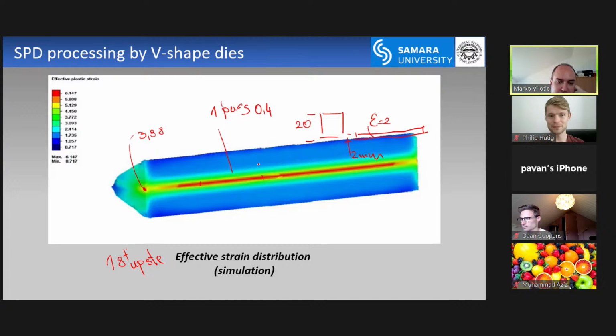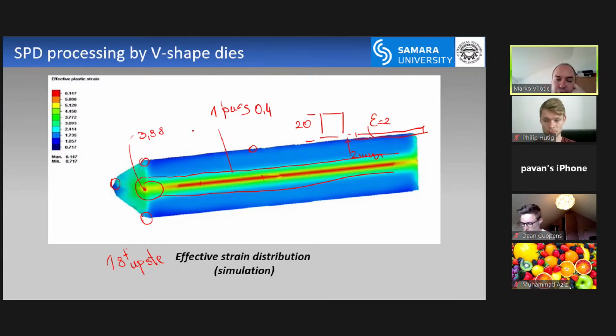If I want to have SPD, usually in this area I don't have the SPD effect. The strain is relatively low. So what can I do? I can take this sample and machine this part with a higher strain, and then make something out of it. So that is one of the solutions.